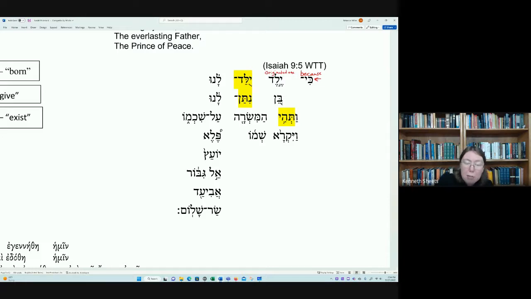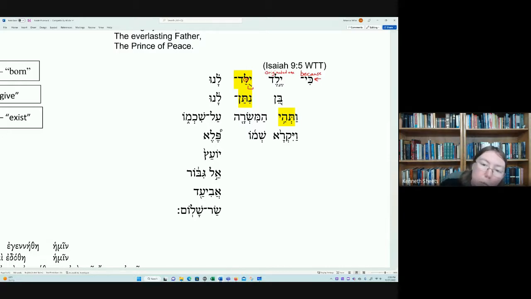Now, yullad here, I can tell because of the qibbuts and then also because of the dagesh forte in the middle root letter that this is going to be the pual stem, which basically has the idea of intensive action that is passive. So this is intensification of action, but passive. That is, the subject is receiving the action.